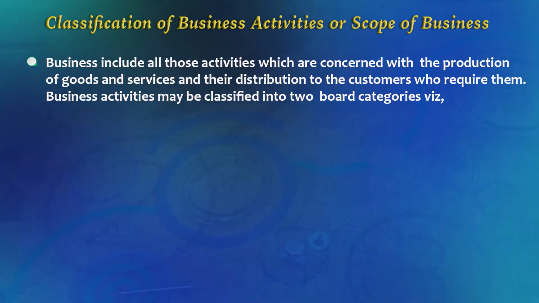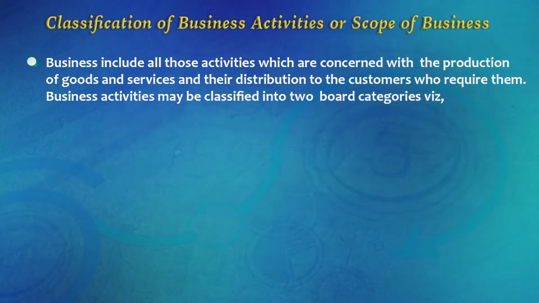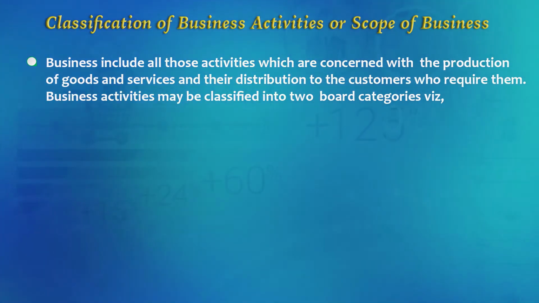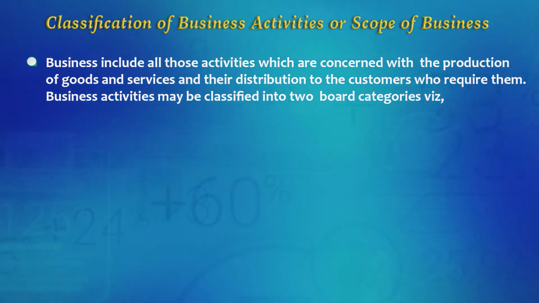Let us see the scope of business, or we can say the classification of business activity. Business includes all those activities which are concerned with the production of goods and services and their distribution to the customers who require them.